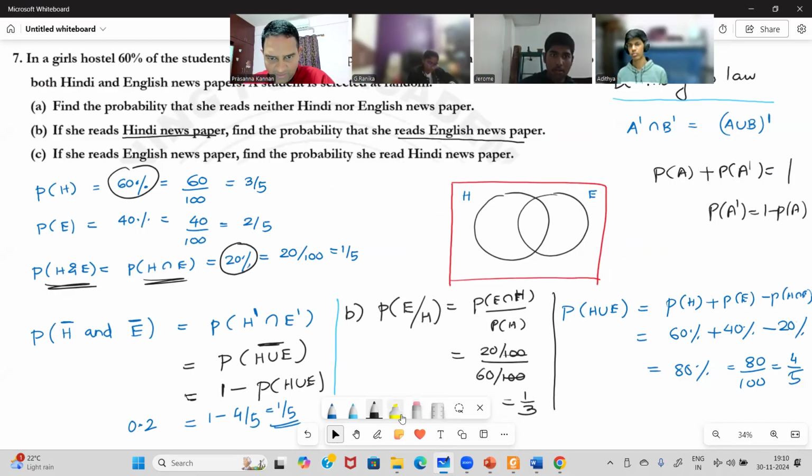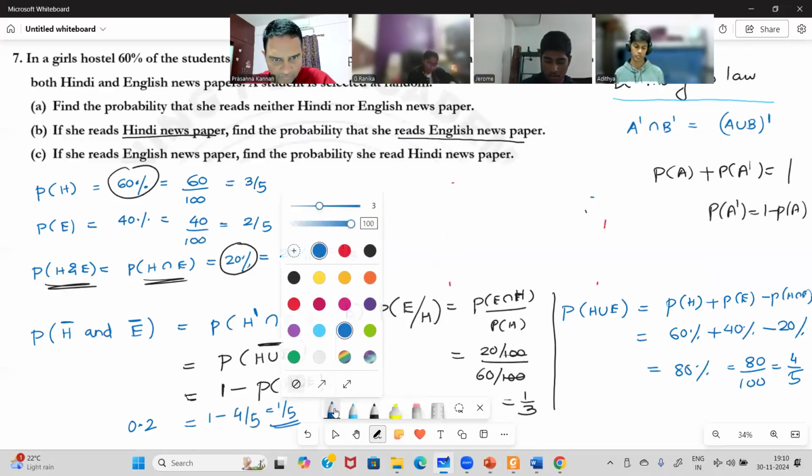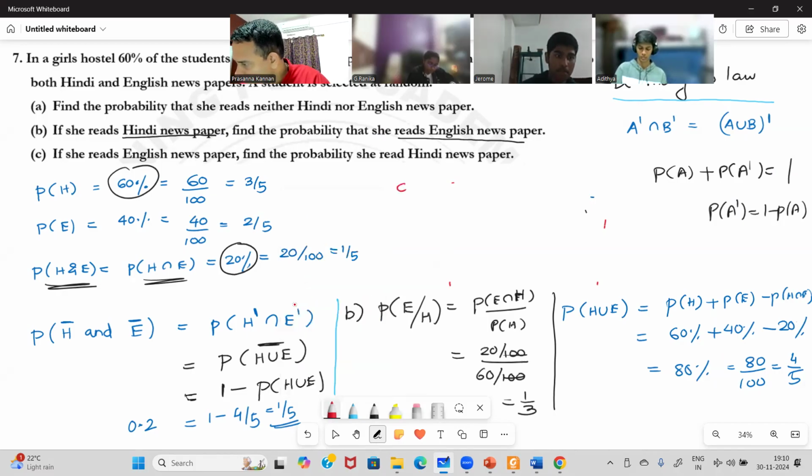Jerome, let's do the final part. Just erasing the diagram and then we'll do this here. C part. Tell me, Jerome. What is given?